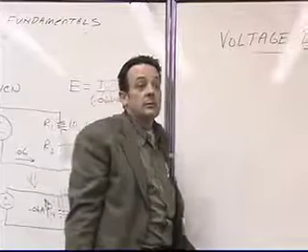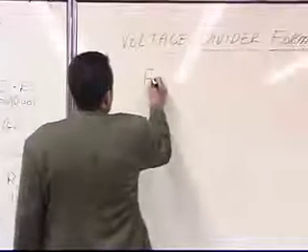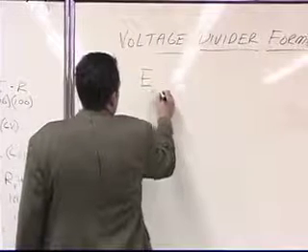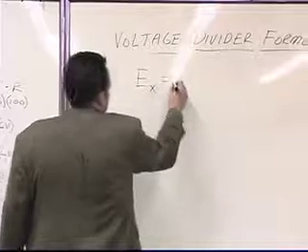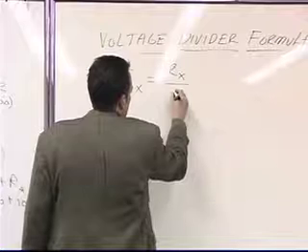Hans. I got it. It's EX, or E source, equals RX divided by R total, multiplied by E total.